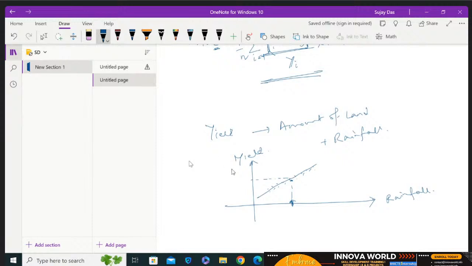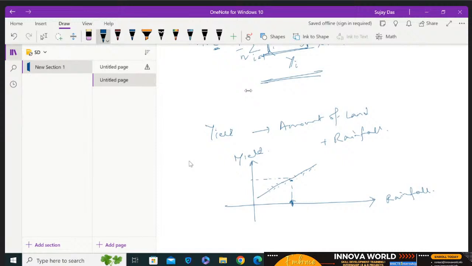But if we do not use this information to build this kind of model, then suppose for that year, on the basis of that much rainfall, the yield is going to be 50 metric ton, but we have only space for 25 metric ton.